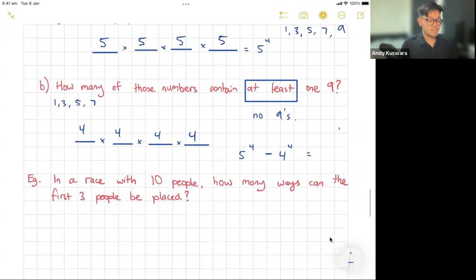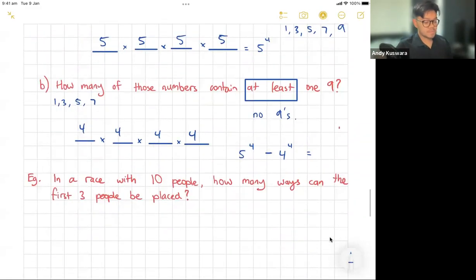Okay, now let's take a look at this one. In a race with 10 people, how many ways can the first 3 people be placed? So that means there's 10 people, but I only care about the first 3 places. How many options will I have for first place? I'm going to have 10 options.